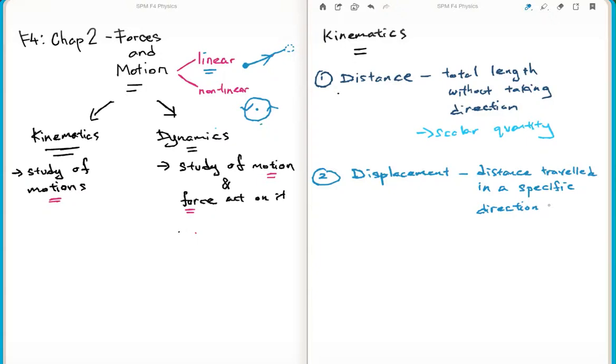And displacement is a vector quantity, so it has magnitude and direction.